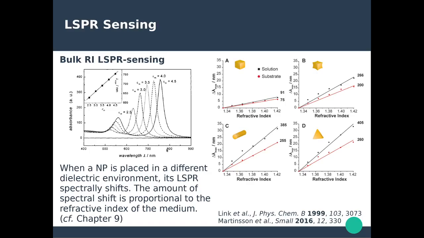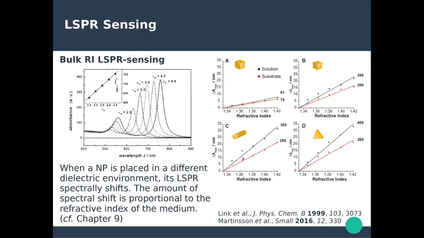You can also design the nanoparticles with different morphologies or different compositions to optimize the sensitivity with respect to the change in refractive index. These are just a few examples: a cube, a concave cube, a nanorod, and a prism. You see, for instance, that the cube experiences a shift of the plasmon resonance of about 7 nanometers when you change from water to a refractive index of 1.42.